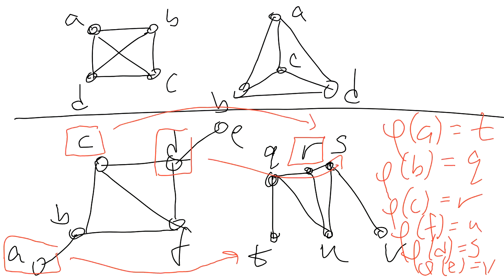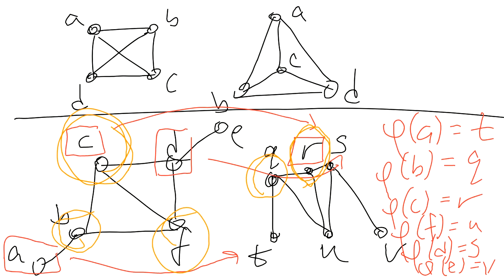So this function phi tells you how to pair up the vertices of these two graphs in such a way that if a vertex on the left-hand side is adjacent to certain other vertices, then their images must also be adjacent. So in this case, C became R, B became Q, so that is next to R, F became U, which is next to R, and D became S, which is again next to R.